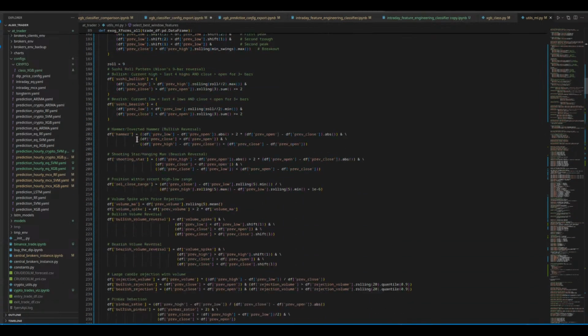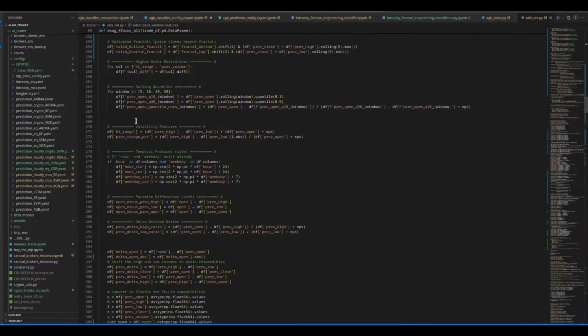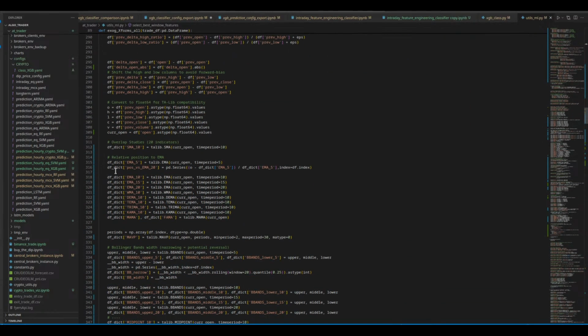We'll see over here, right? I've also added the candle patterns, moving averages. So yes, now I've added a lot of features.